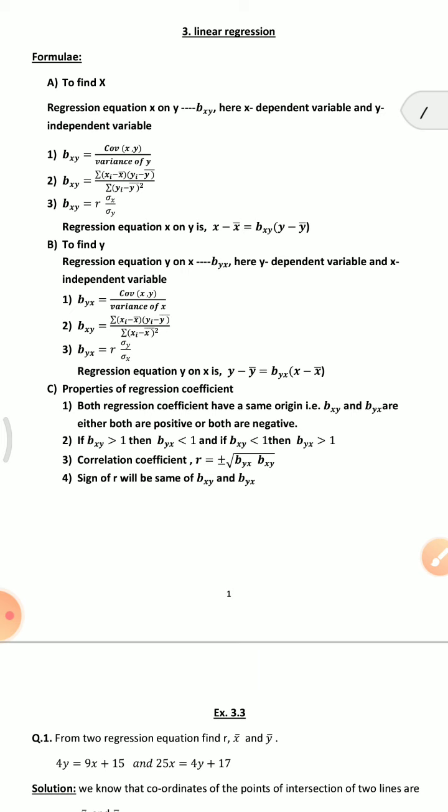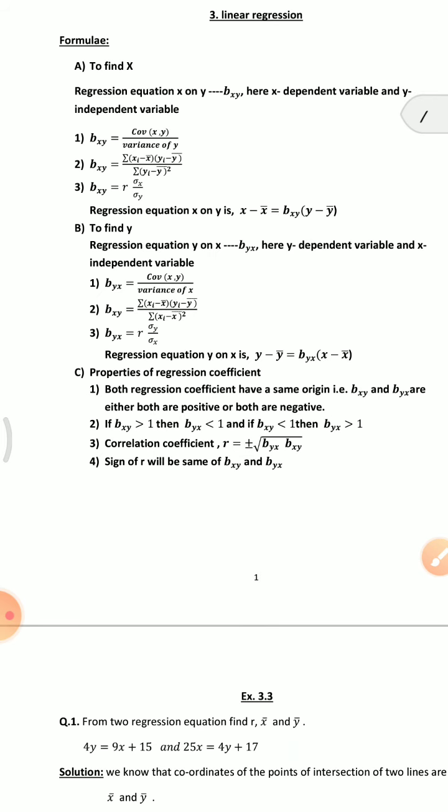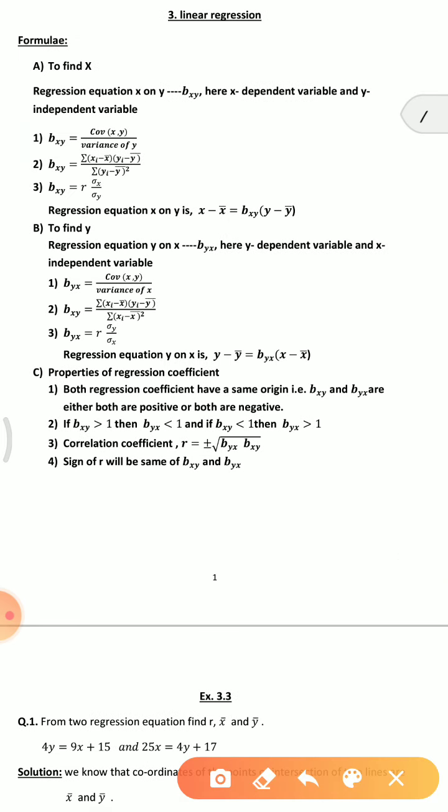Here are some formulas. First one, b of xy is equal to covariance of x comma y upon variance of y. Second, b of xy is equal to summation of xi minus x bar into yi minus y bar upon summation of yi minus y bar the whole square.